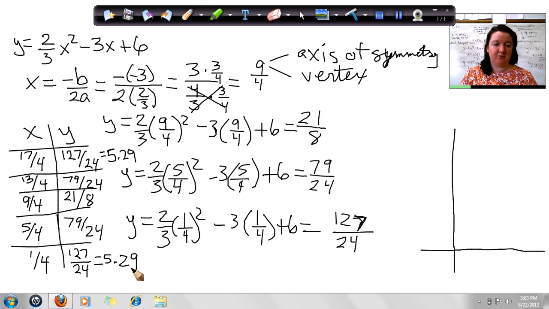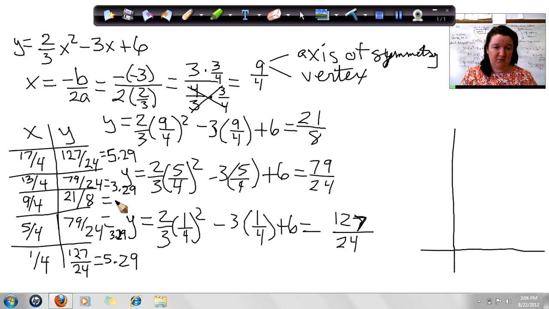You're giving your best approximation on this. I looked at 79 divided by 24. That gives me the value of 3.29.